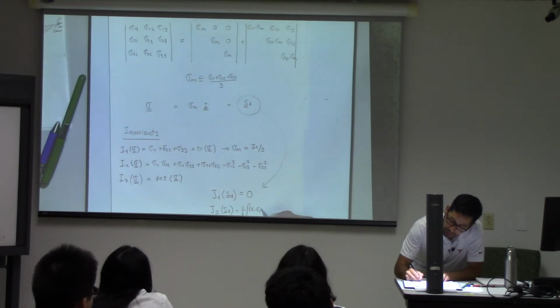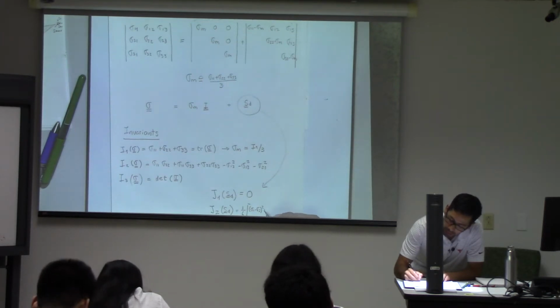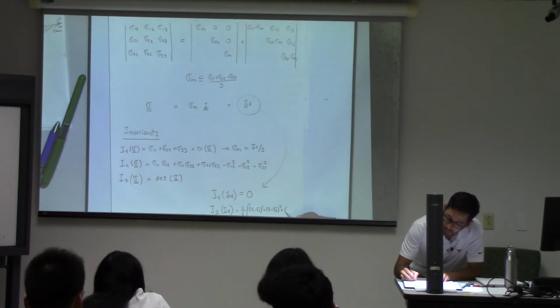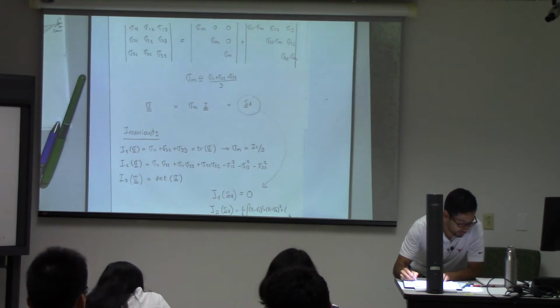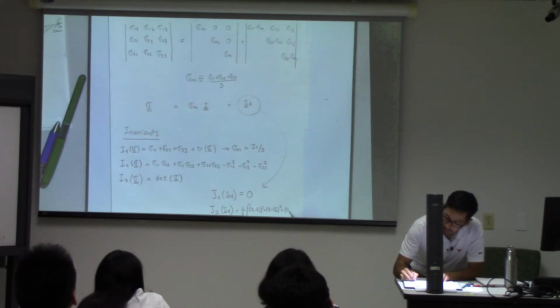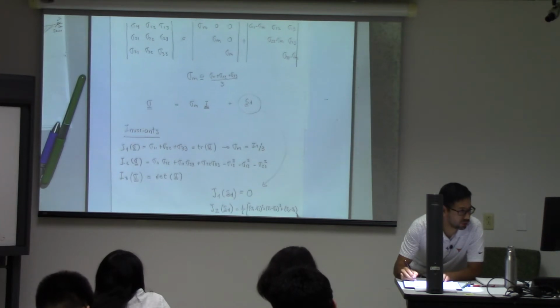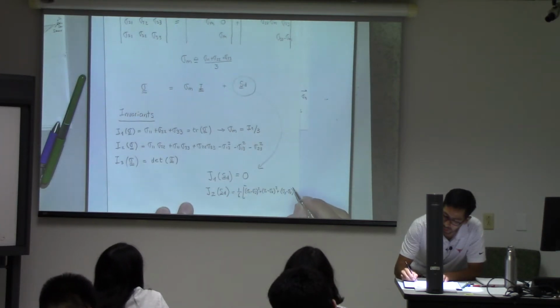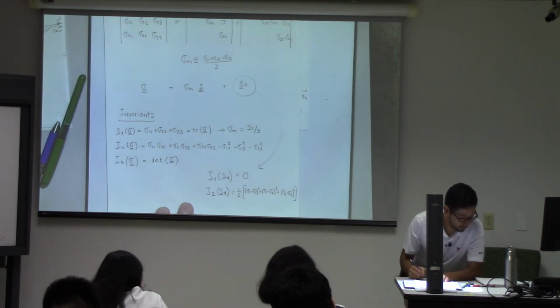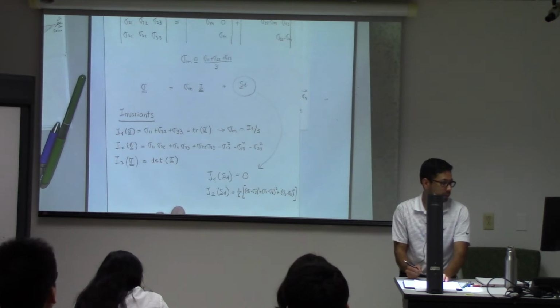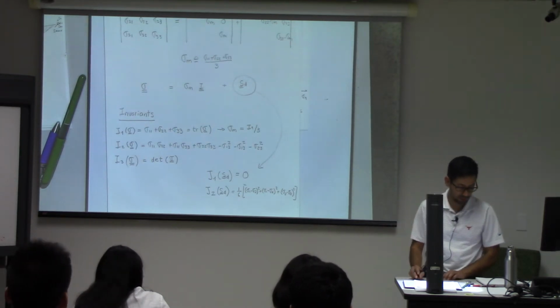It is a summation of the squares of the differences between the principal stresses. So this one is very similar to the analogy of J2 with the 2D case. It's 1 over 6.